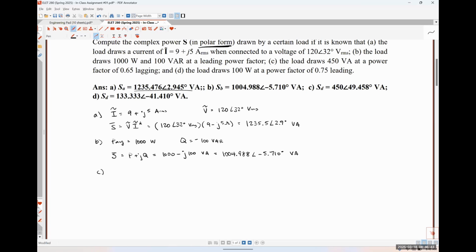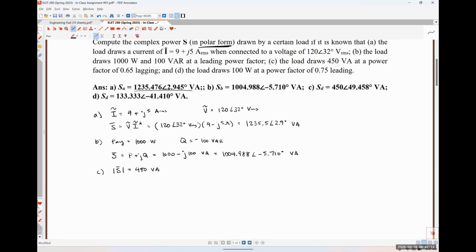Is it average power? Is it reactive power? Or is it apparent power? Apparent power, okay? So we know that the magnitude of our complex power, which is the apparent power, is 450 volt amperes, because that's what the units of volt amperes tell us.